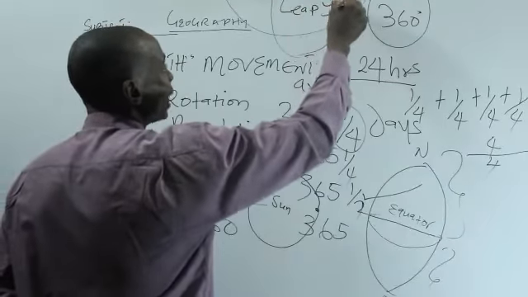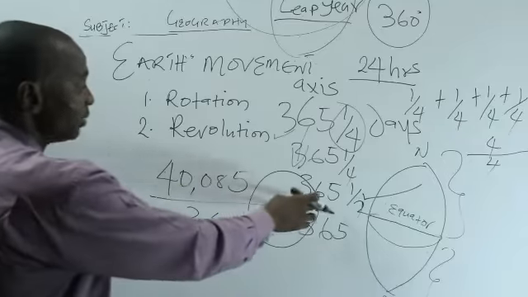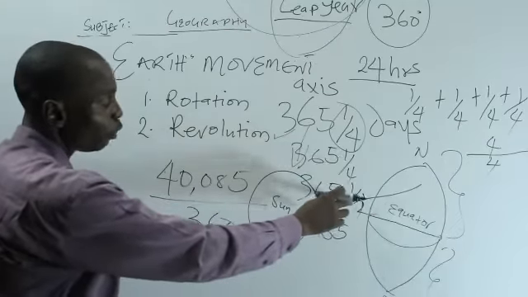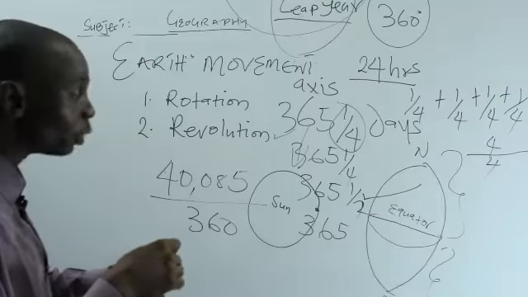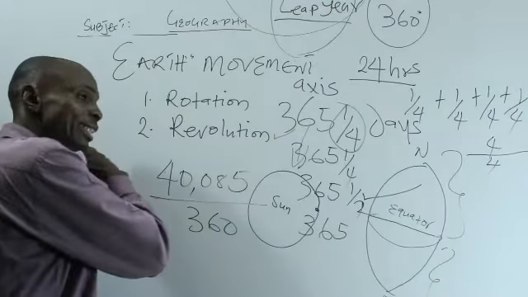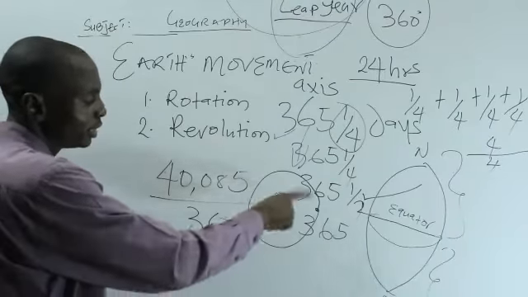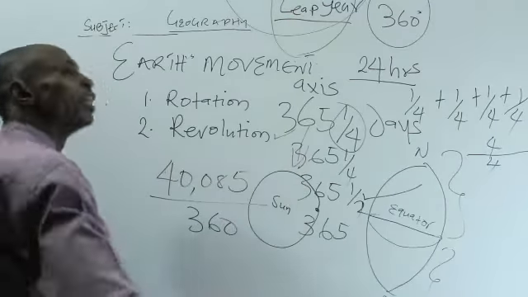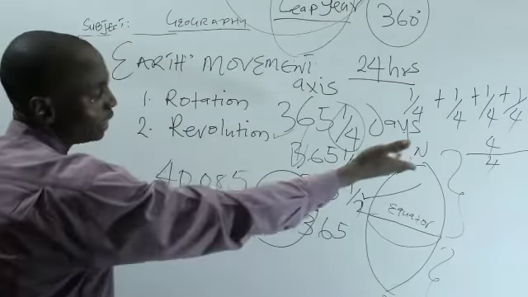Last year, 2016, was a leap year. Instead of 365 1/4 days, what we had last year was 366. So anytime you hear about leap year like we had last year, in the next 3 years to come, we are going to have 365 1/4 days. Then the fourth year, we add it up together and find the LCM.